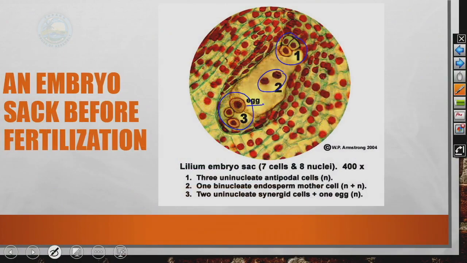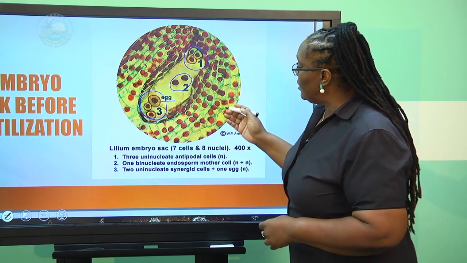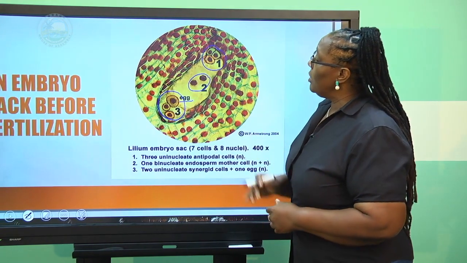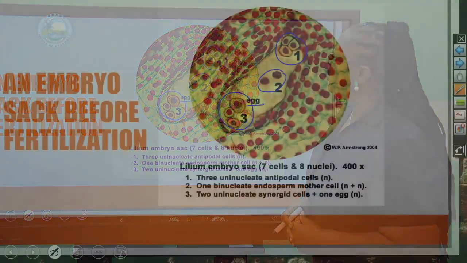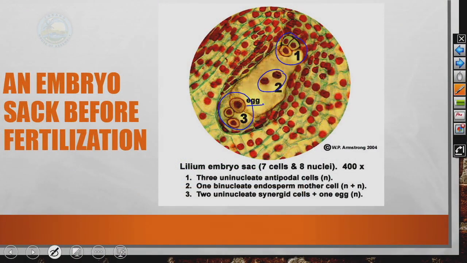And the 3 cells that are closest to the micropyle would be the 3 that include the 2 synergids and the 1 egg cell. Okay? So this is a beautiful picture of what is happening inside of the ovary. You can actually see the cell structure. So this was taken with a microscope, and you can actually see what is happening here. It's very, very beautiful.